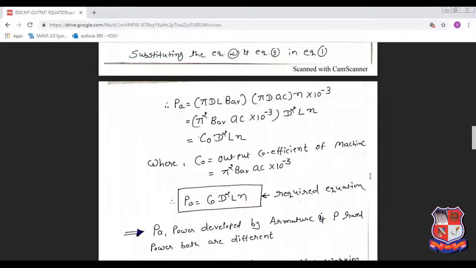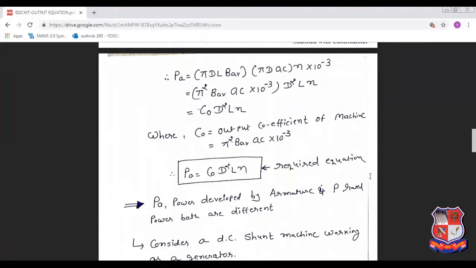Here, power developed by the armature is directly proportional to the output coefficient C0, and the output coefficient is directly proportional to the specific electric loading and specific magnetic loading. If we select higher values of specific electric loading and specific magnetic loading, then the power developed by the armature is also high.